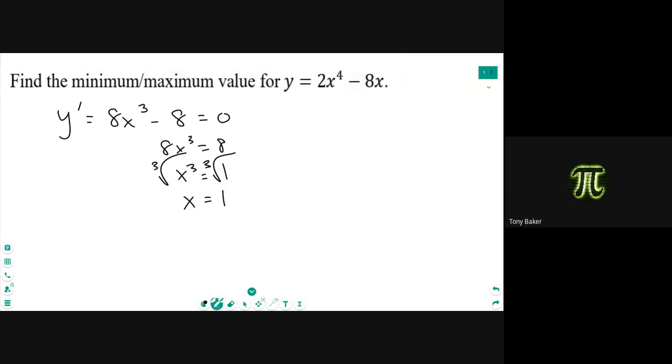So I've got my critical number. So plug it back in, we can find the value for the original problem.